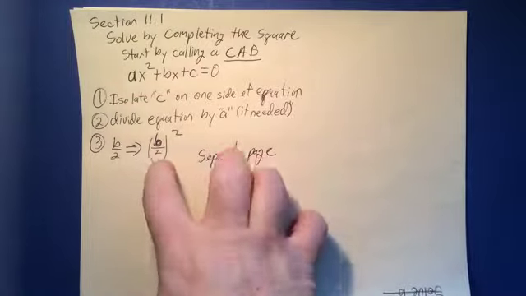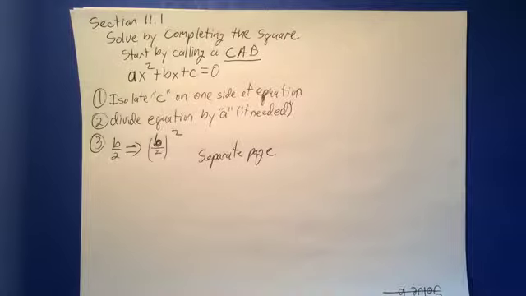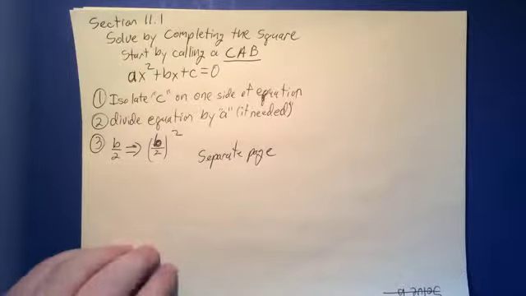I also recommend keeping this area blank, as you may want to make additional notes for yourself as needed to help you walk through this process. And we're going to begin to take a look at solving problems through the process of completing the square.